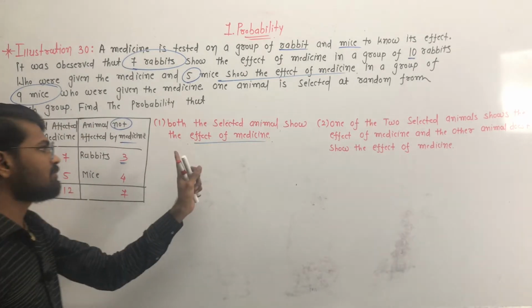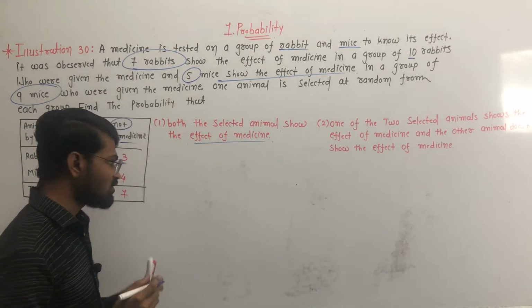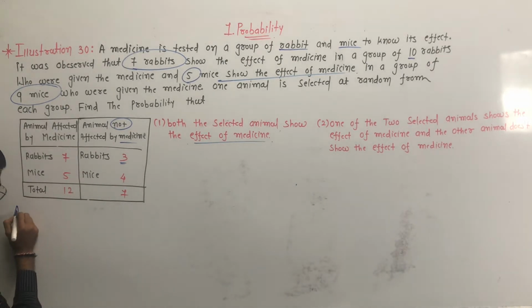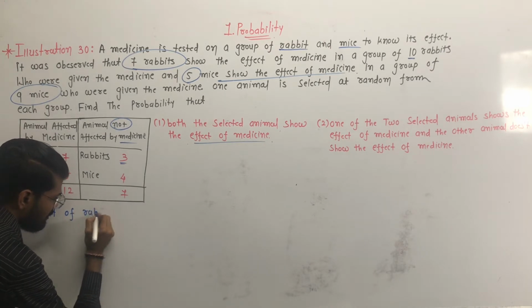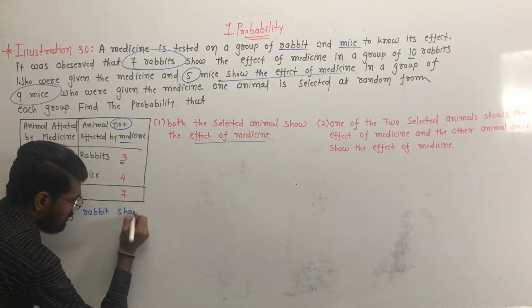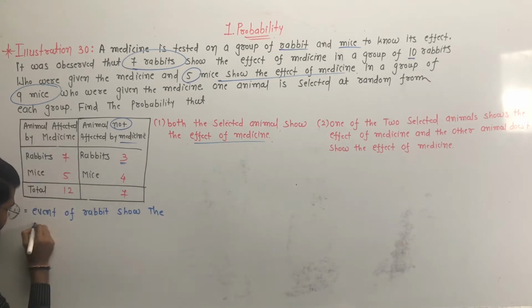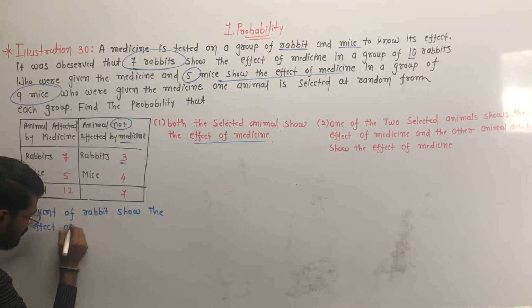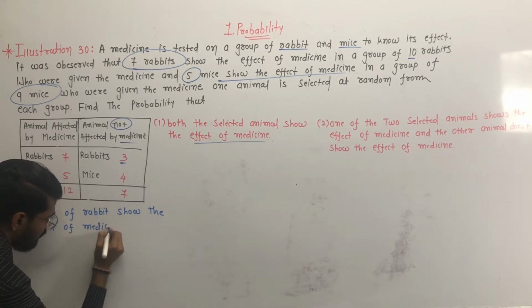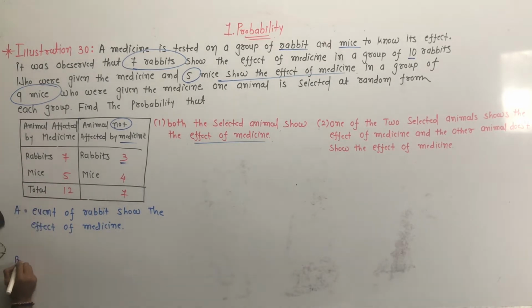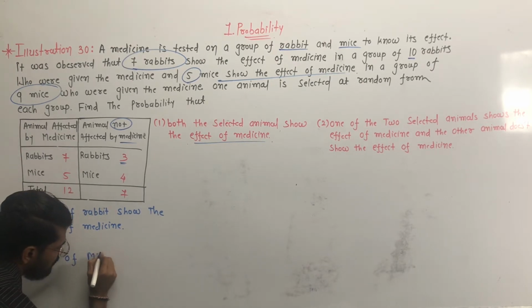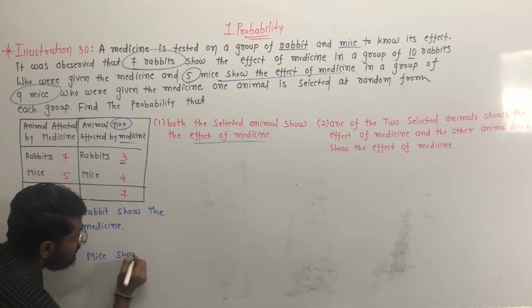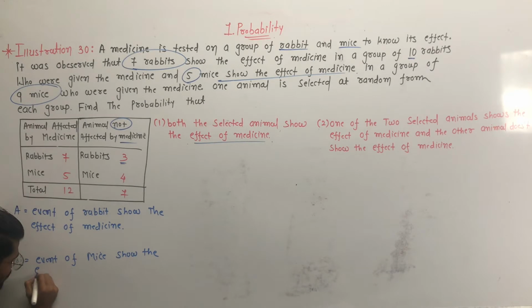First of all we write event A. Event A is the event that the rabbit shows the effect of the medicine, and suppose event B is the event that the mouse shows the effect of the medicine.